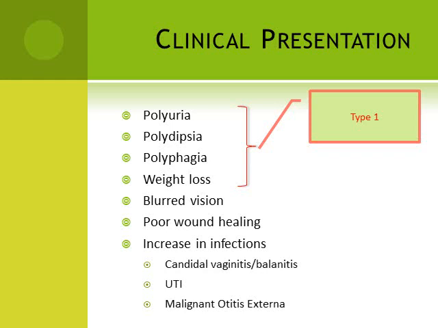Type 2 disease usually presents with complications like blurred vision, poor wound healing, and increased infections like candidal vaginitis, balanitis, urinary tract infections, and malignant otitis externa. So the clinical features, polyuria, polydipsia, polyphagia, and weight loss, are important, but they are pathognomonic of type 1 disease.